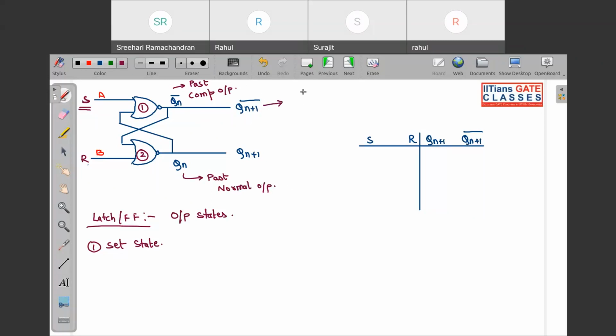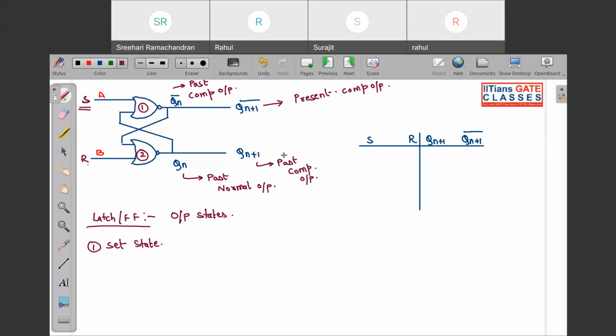And this is your present. Why present? Because Qn plus 1, we take it as present. So this is your present complemented output, and this is your past complemented output.